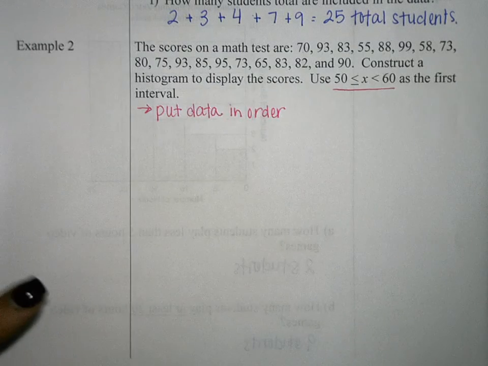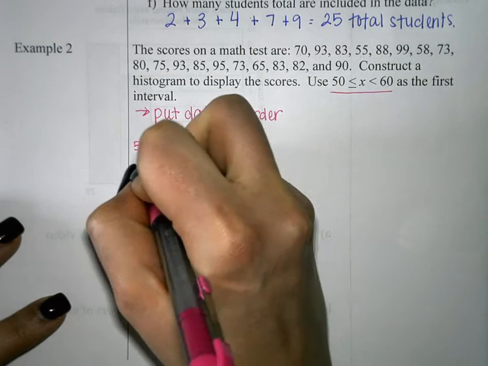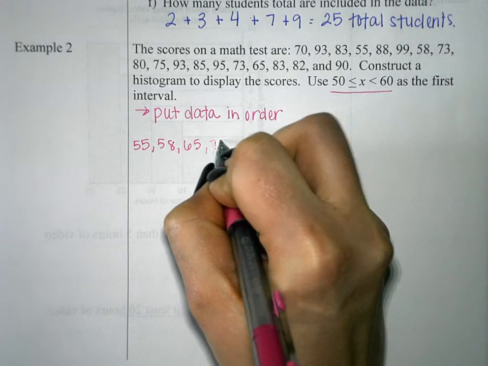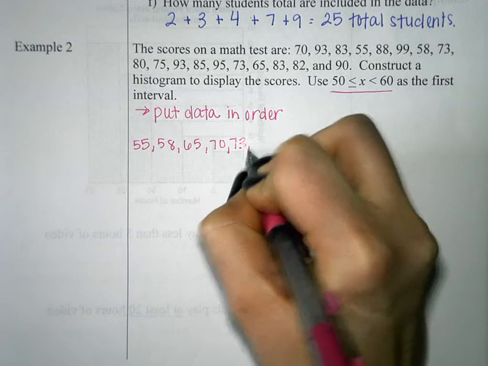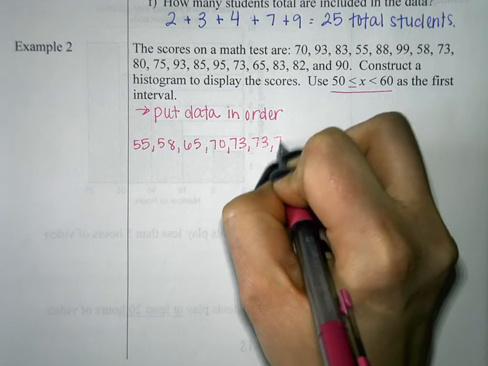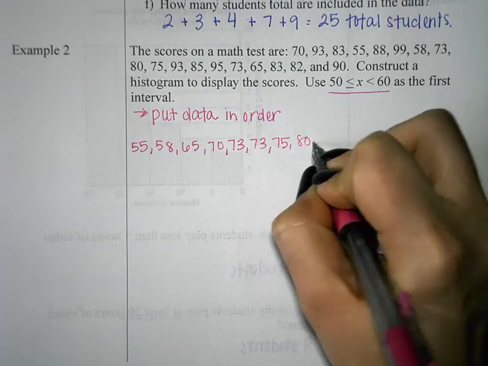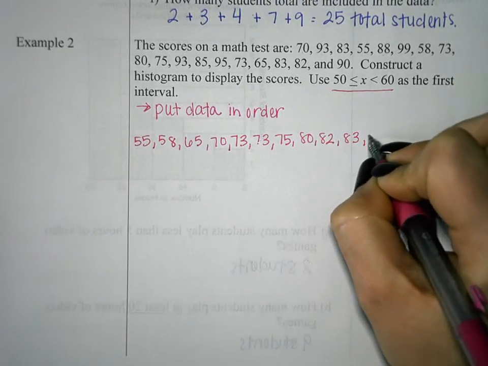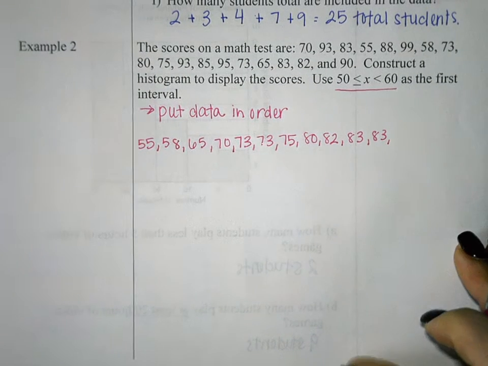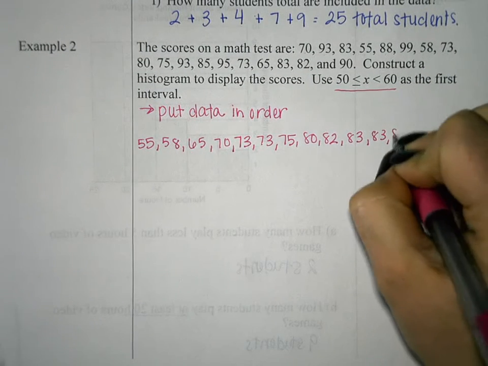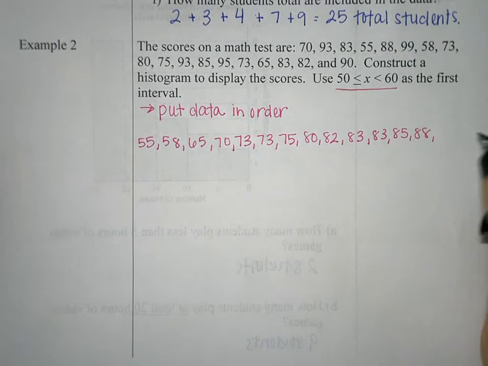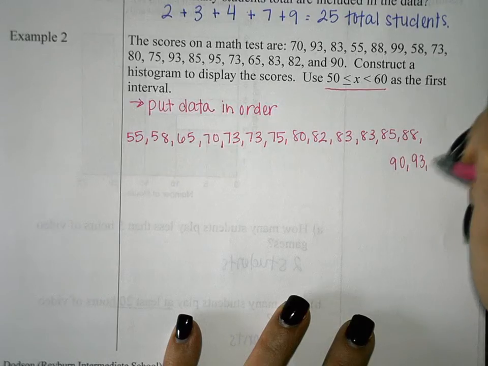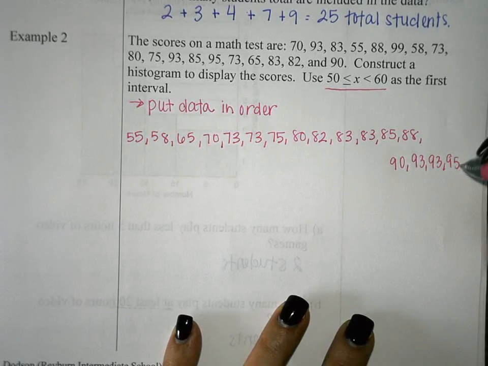So in order, you should have got 55, 58, 65, 70, 73, 73 again, 75, then 80, 82, 83, 83, 85, 88, and then I'm going to run out of room. So 90, 93, 93, 95, 99.